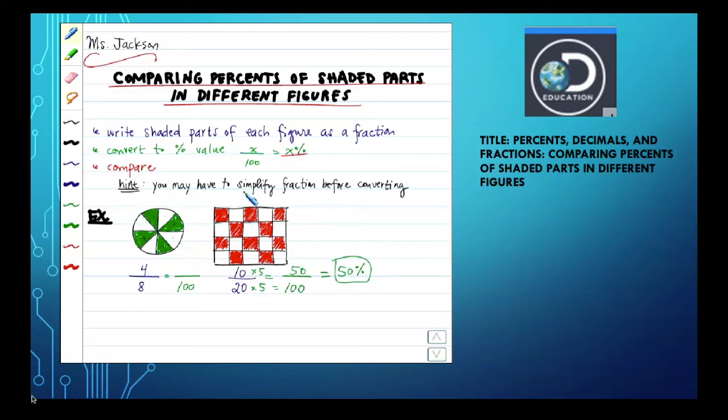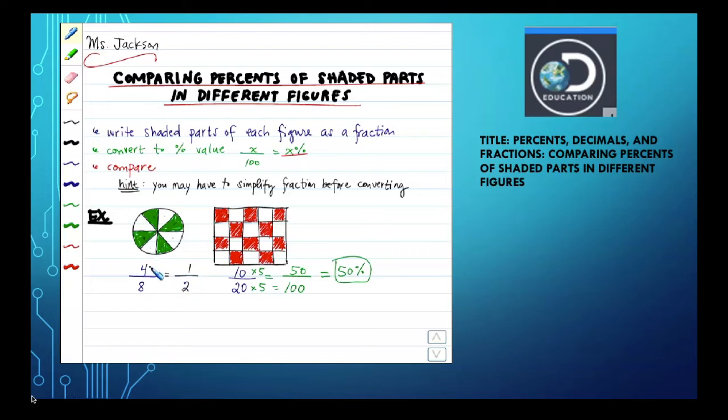Remember the hint, you may have to simplify a fraction before converting. Well, for 8, we don't have a whole number to multiply to get 100. So what I'm going to do instead, let me go ahead and erase, is simplify this fraction. So 4/8 is the same as, if we divide the numerator and denominator, or factor out 4, we get 1 over 2.